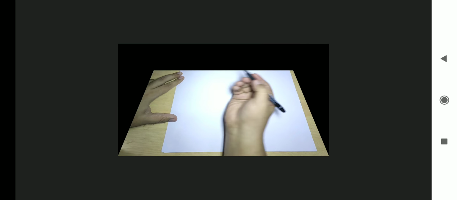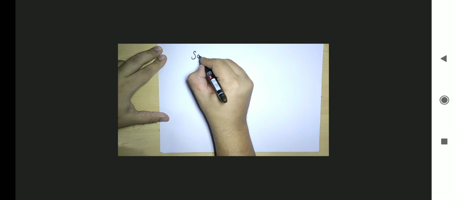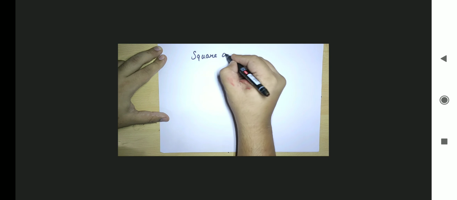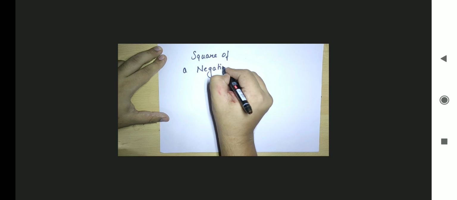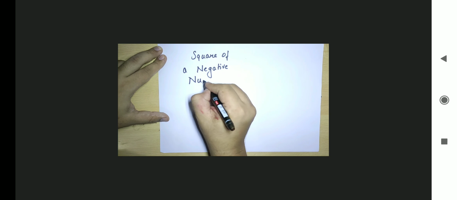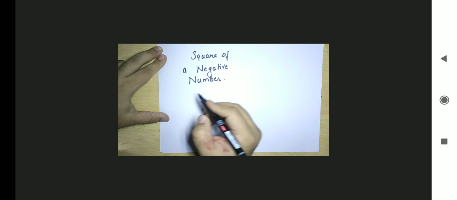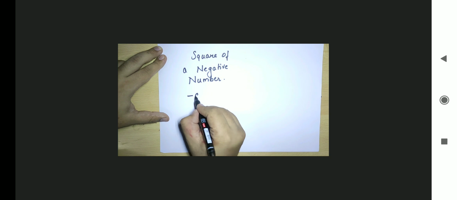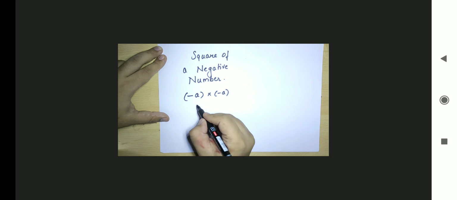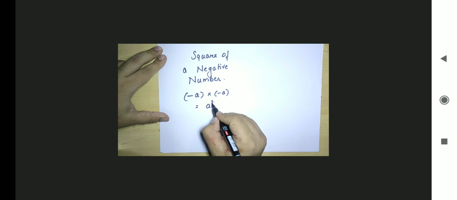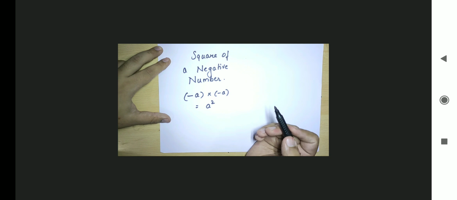The square of a negative number. For example, if we take minus a multiplied by minus a, the answer that we get is a square, because negative into negative, the sign becomes positive.